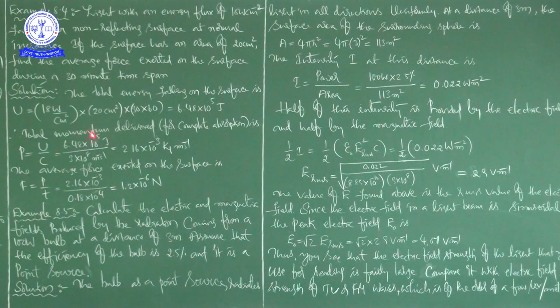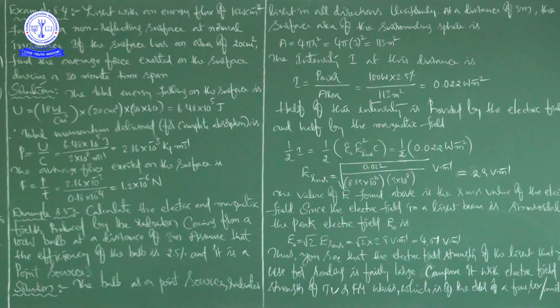If you complete this division, 10 to the power of 5 divided by 10 to the power of 8 gives 10 to the power of minus 3, and 6.48 divided by 3 is 2.16. So finally the total momentum delivered is 2.16 into 10 to the power of minus 3 kg meter per second.